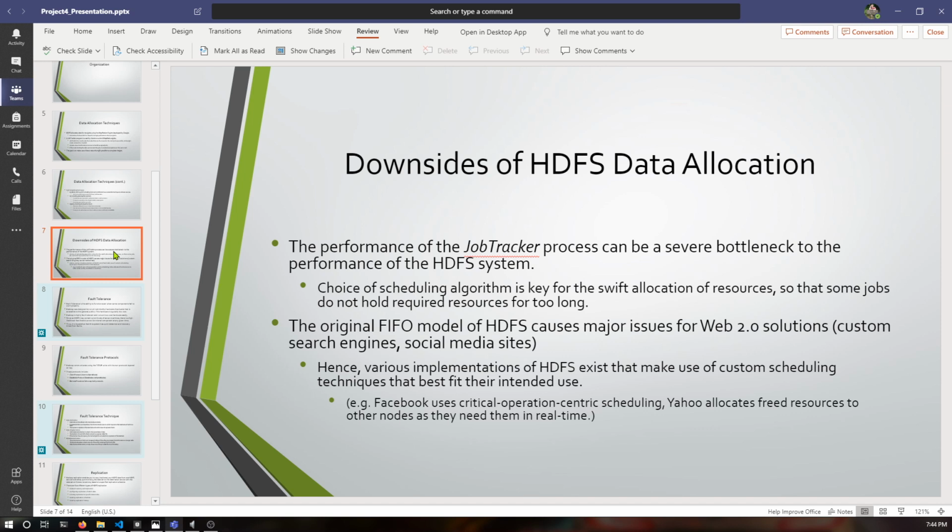Should they hold those resources for too long, the system itself experiences severe inefficiencies. To solve these problems, various companies and individual contributors to the HDFS project have created different scheduling algorithms to circumvent the problem that the FIFO model, alongside the job tracker process, creates severe bottlenecks.